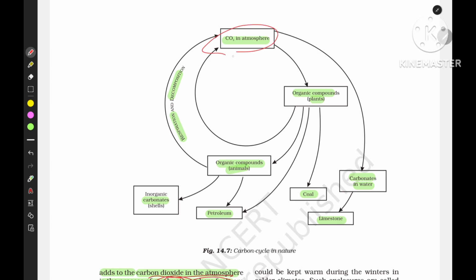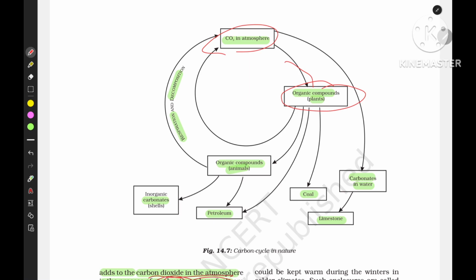First, carbon dioxide is taken up by the plants during photosynthesis, where plants convert the carbon dioxide into glucose. Then three cases happen.